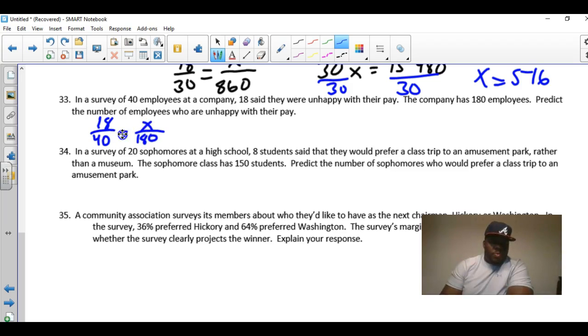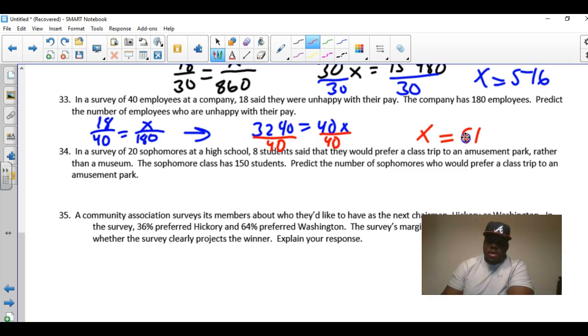We cross multiply: 18 times 180 is 3,240, and 40 times x is 40x. Dividing by 40 on both sides, we get x equals 81.